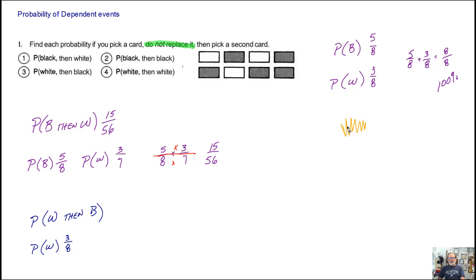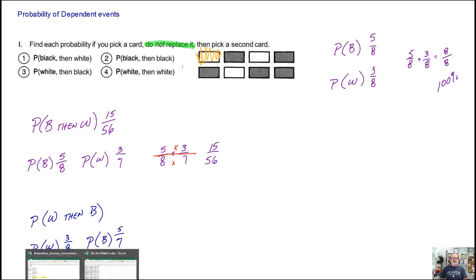Then we take that white card and we keep it. We don't put it back in the deck. It's gone now. So what about the probability of drawing the black card? There are still 5 black cards, just like originally, but now there are only 7 cards altogether. So we've got 3 out of 8 times 5 out of 7.